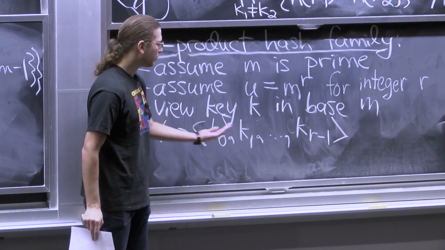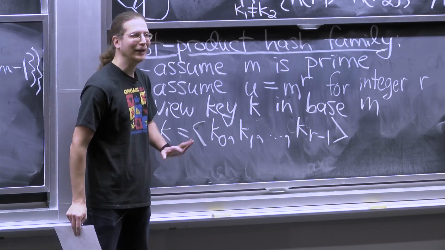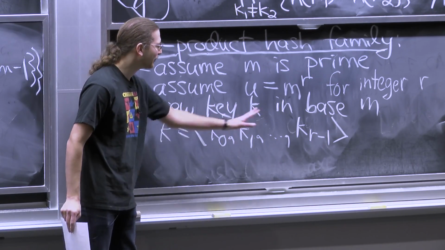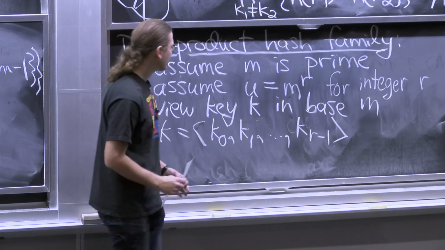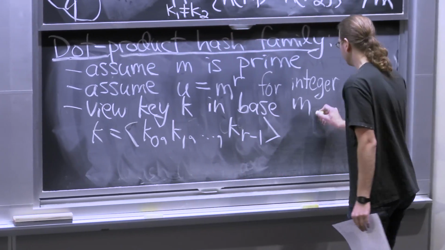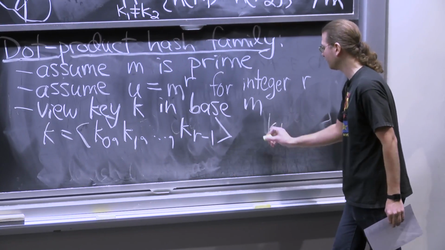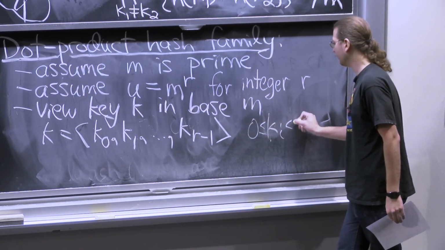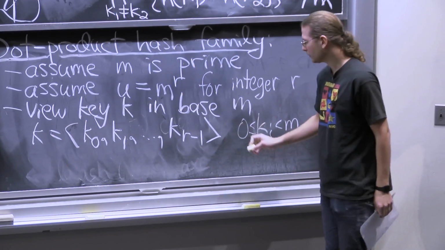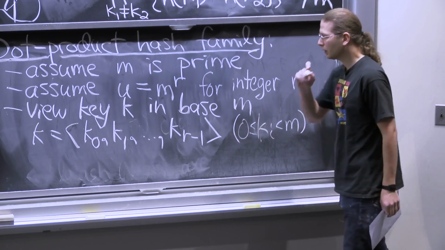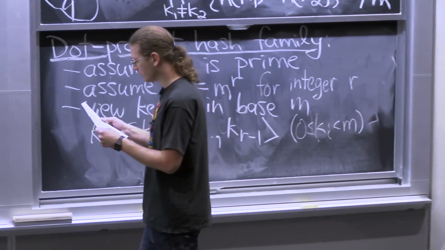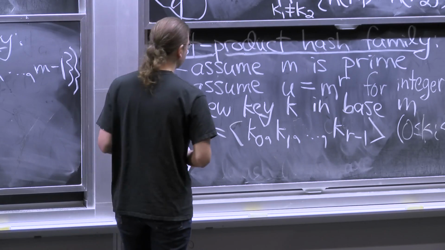I don't even care which is the least significant and which is the most significant. That won't matter, so whichever order you want to think of it. And each of the k_i's here is between 0 and m minus 1. So far, so good.